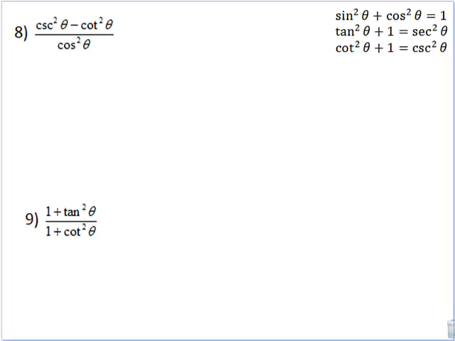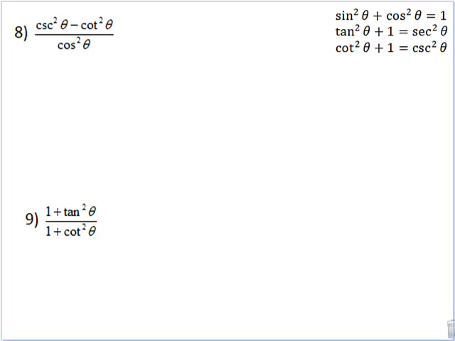Cosecant squared of theta minus cotangent squared of theta over cosine squared of theta. So now, especially when we see things that are all squared, that tells us we're using the Pythagorean identities somehow.